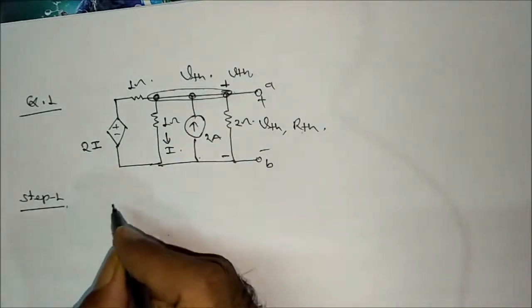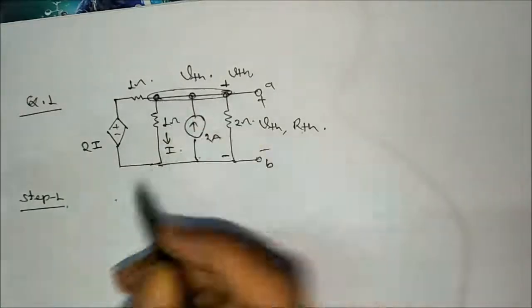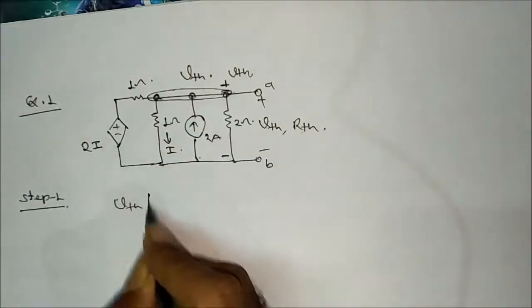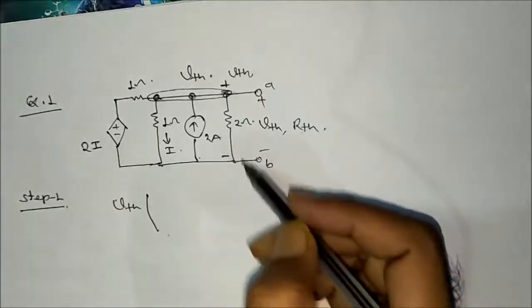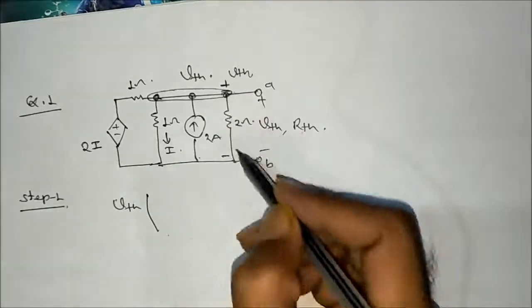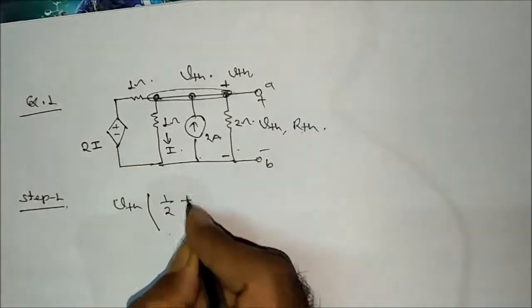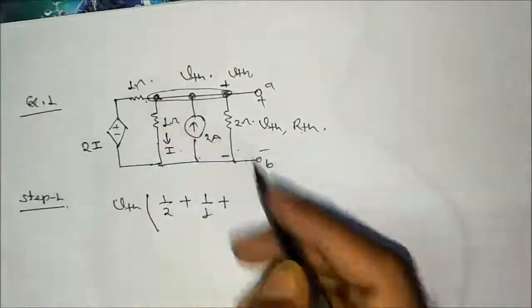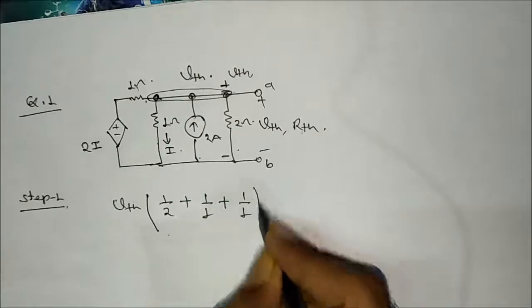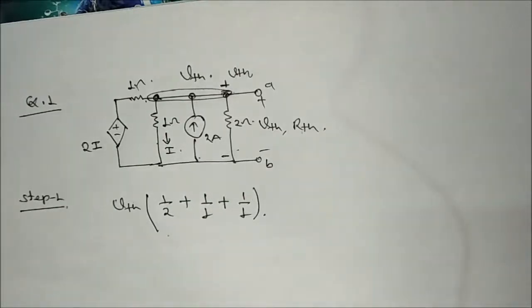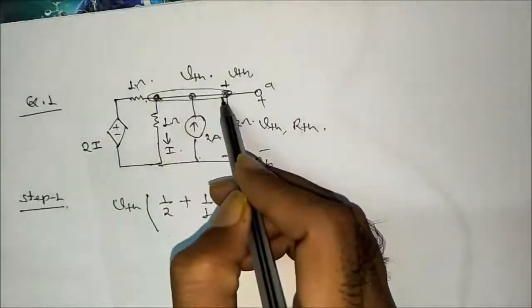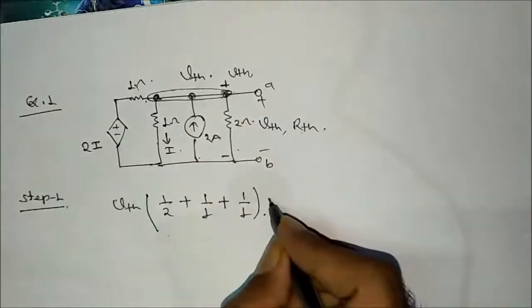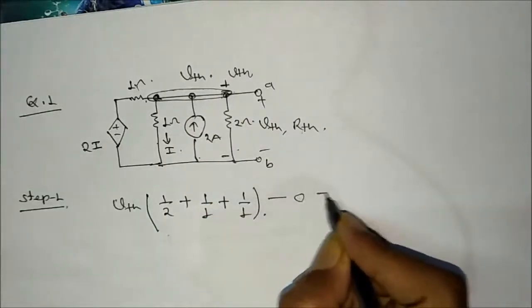What I have told in nodal analysis is: take the node voltage VTH times all the self conductances, that is 1 by 2 plus 1 by 1 plus 1 by 1. That's all. Is it okay? Is there any other node present in the network? No, there is none. That means the mutual term is 0.